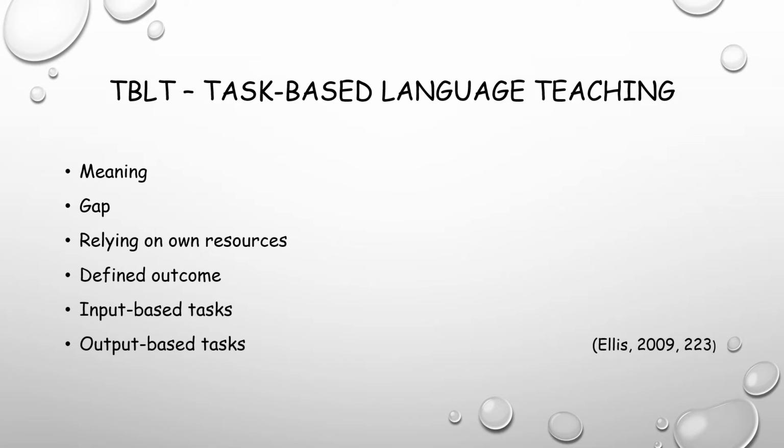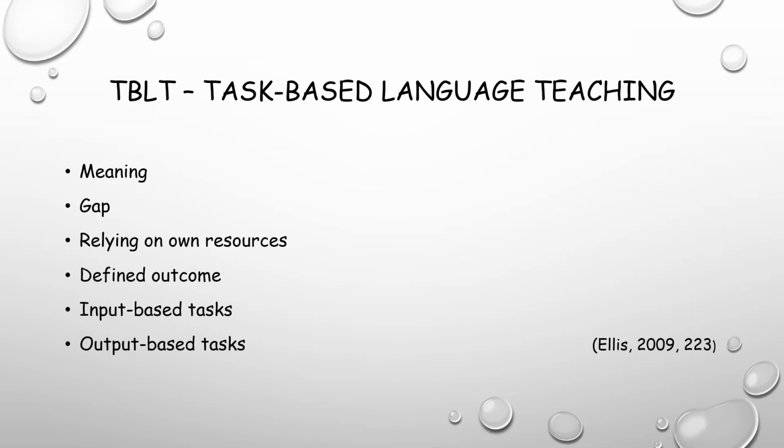Meaning: its primary focus is that the learner's sole focus is to process pragmatic and semantic utterances. A gap: to be able to express his or her opinion or to have the need to convey information he or she may have.